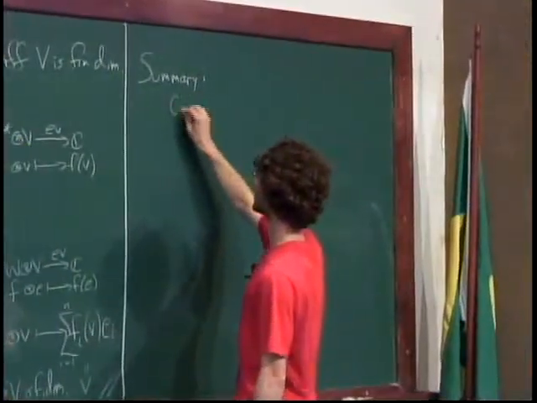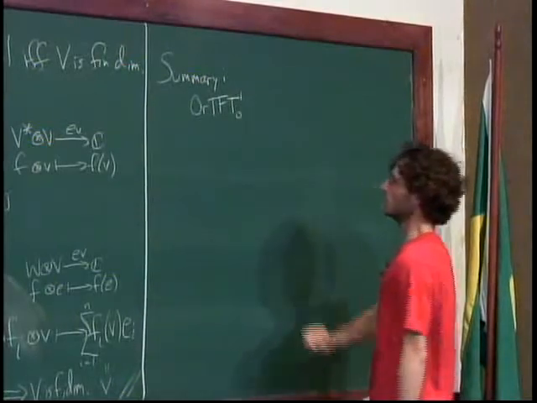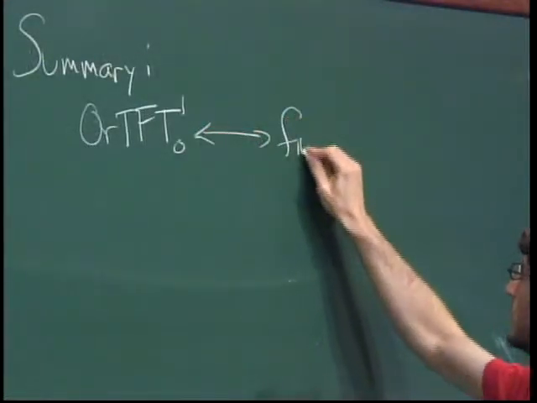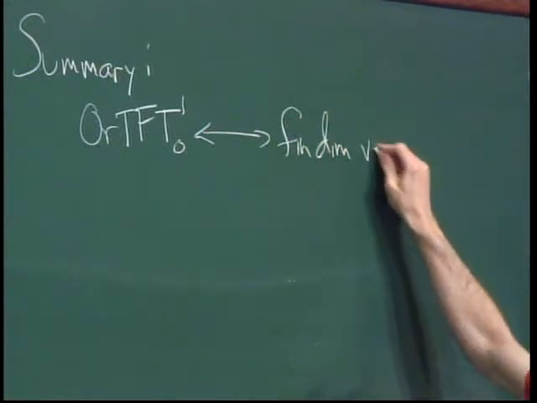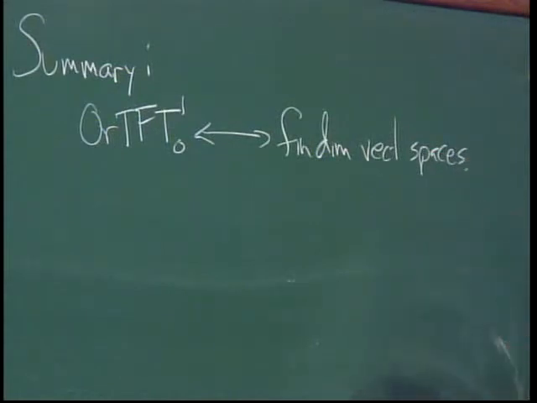So the summary is that oriented one-dimensional TFTs exactly correspond to finite-dimensional vector spaces. This is the simplest classification result in this context.